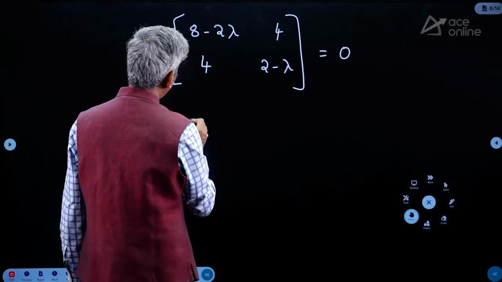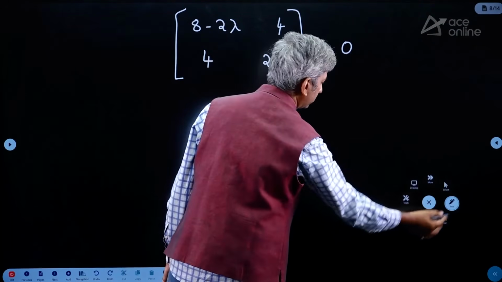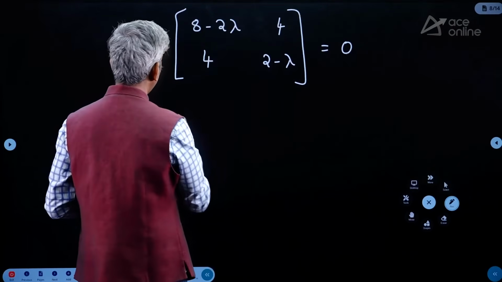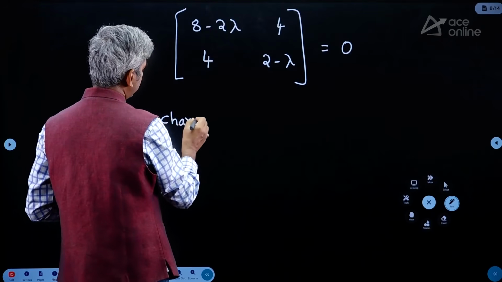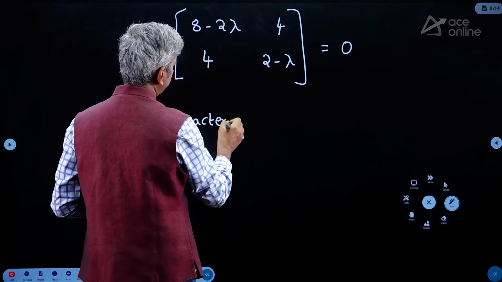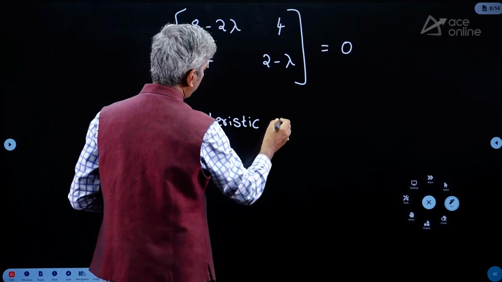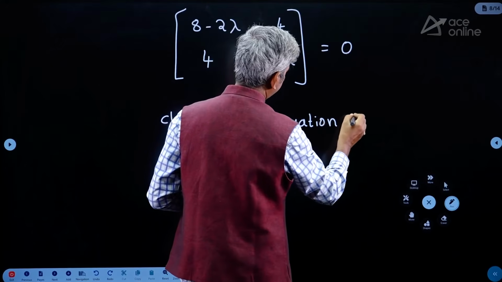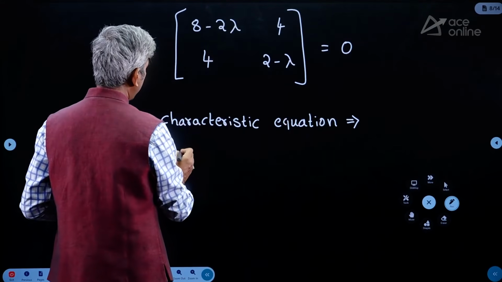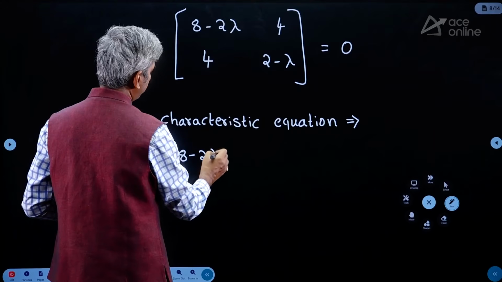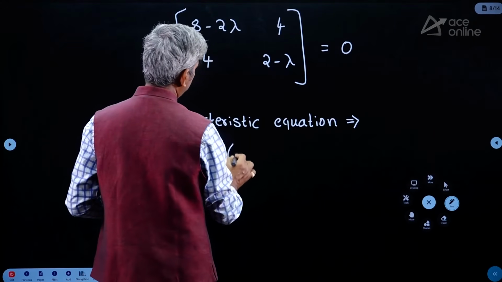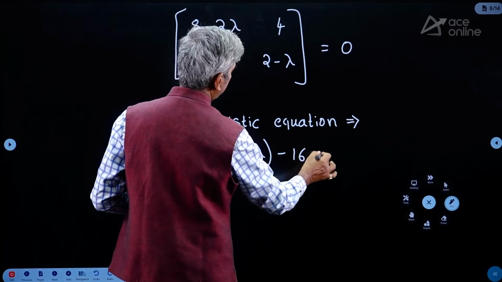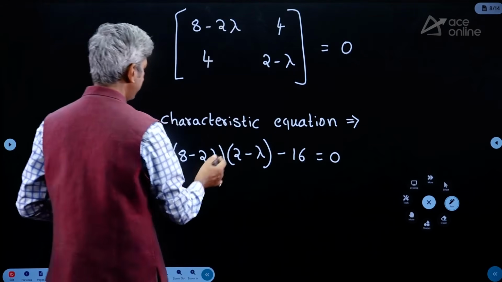So the characteristic equation is given by the determinant of this matrix: 8 minus 2 lambda multiplied with 2 minus lambda minus 16 is equal to 0.